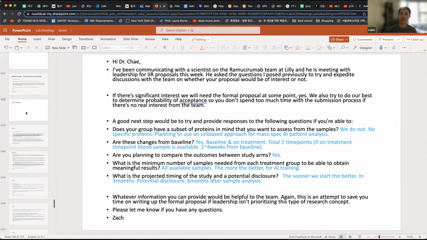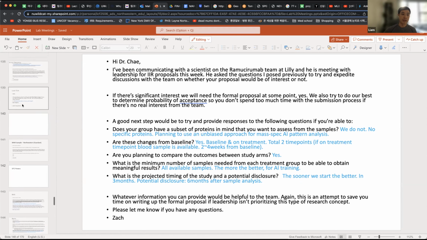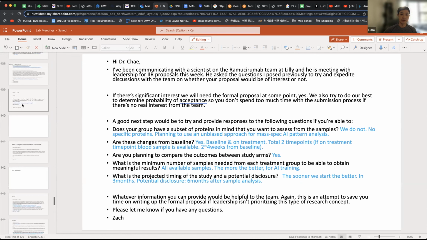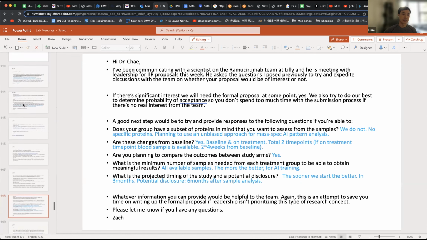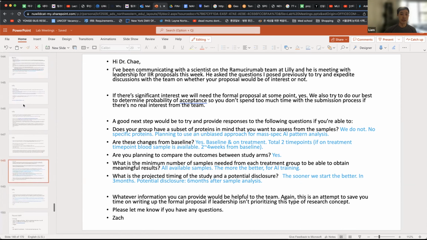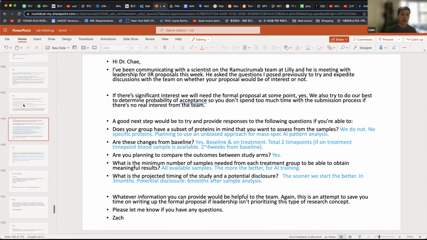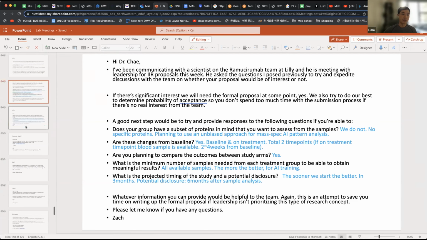This was just preliminary discussions about whether to proceed with an official proposal. We asked them for samples. We want both the Revel arm and the control arm. They said they're going to check to see if they have some samples left. They did say they may have some samples, but then they were asking specifically what we were trying to do with it.